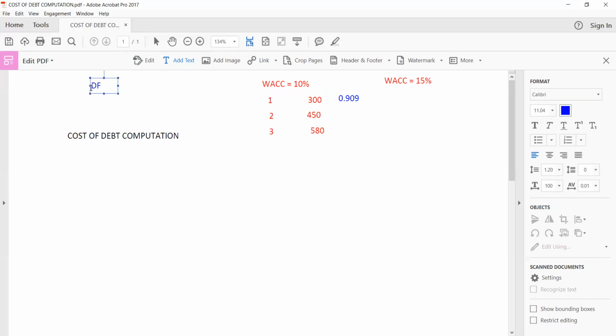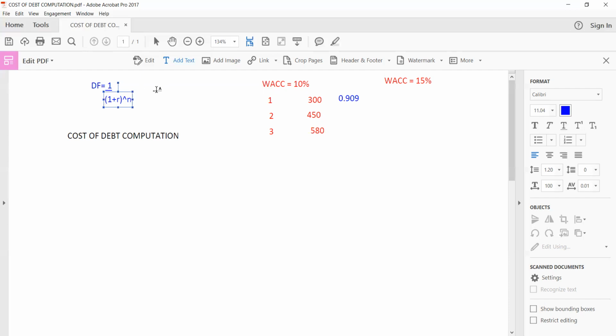I've indicated that discount factors are calculated as 1 over 1 plus R, all to the power N. This is a way of computing a discount factor.